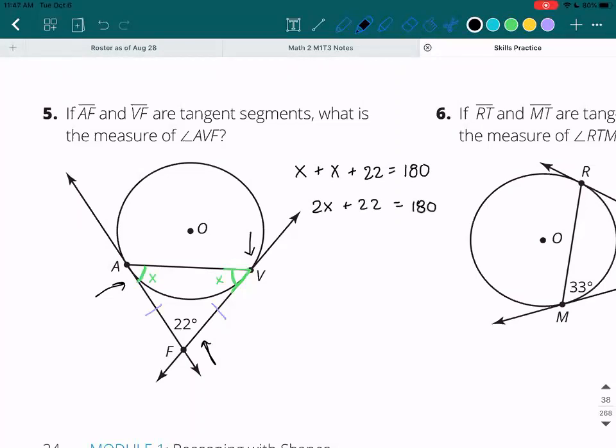What do we do with the 22? Subtract. Subtract it. Good. You get 2x is equal to 158. What do we do with the 2? Divide. Divide.